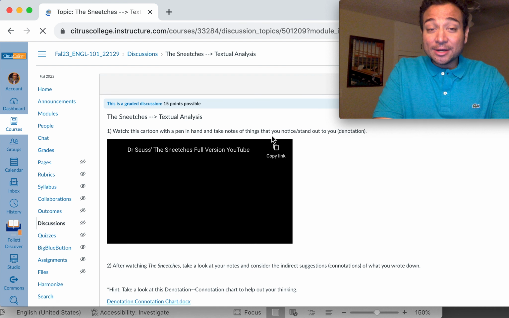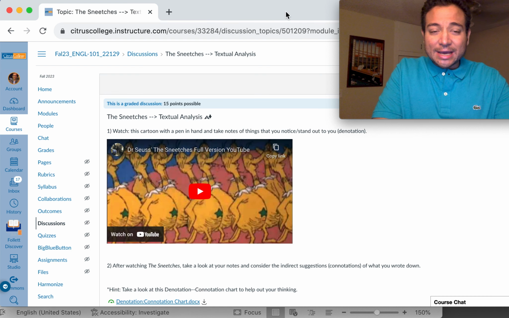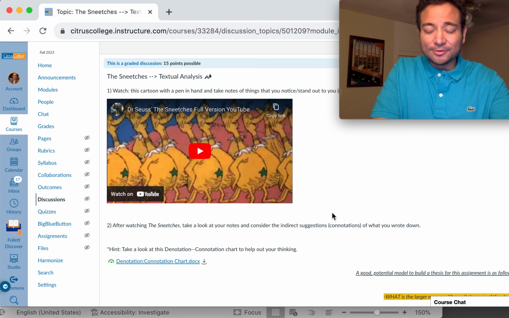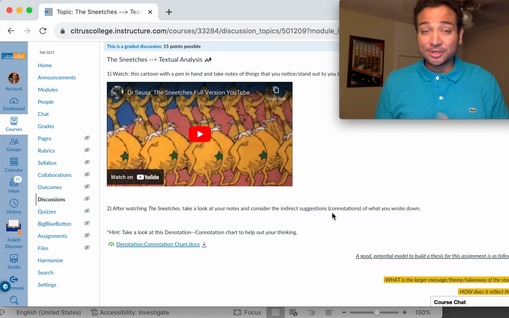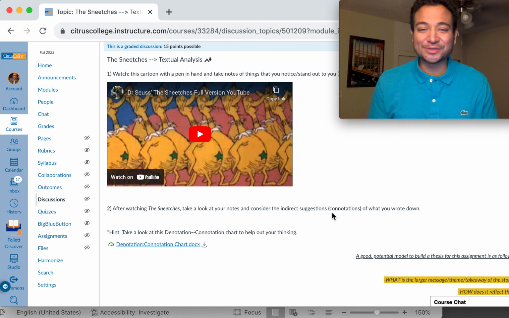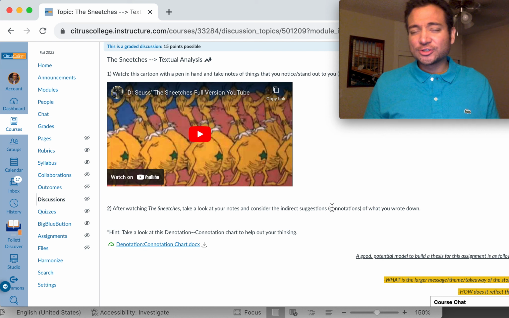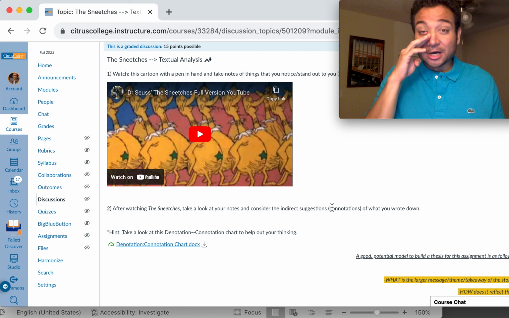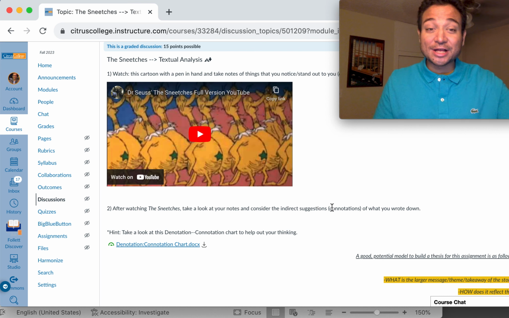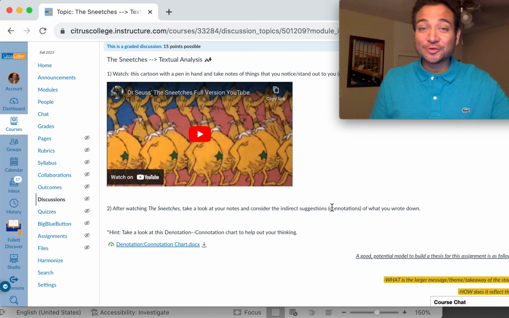Now, riding on the heels of that, we have this very helpful opportunity to apply what we learned of textual analysis. So in the same way that we looked at the posters and we looked at the Onion article from the textual analysis lesson, so too are you going to watch this cartoon by Dr. Seuss. And when we were kids, so many of the things just went over our heads.